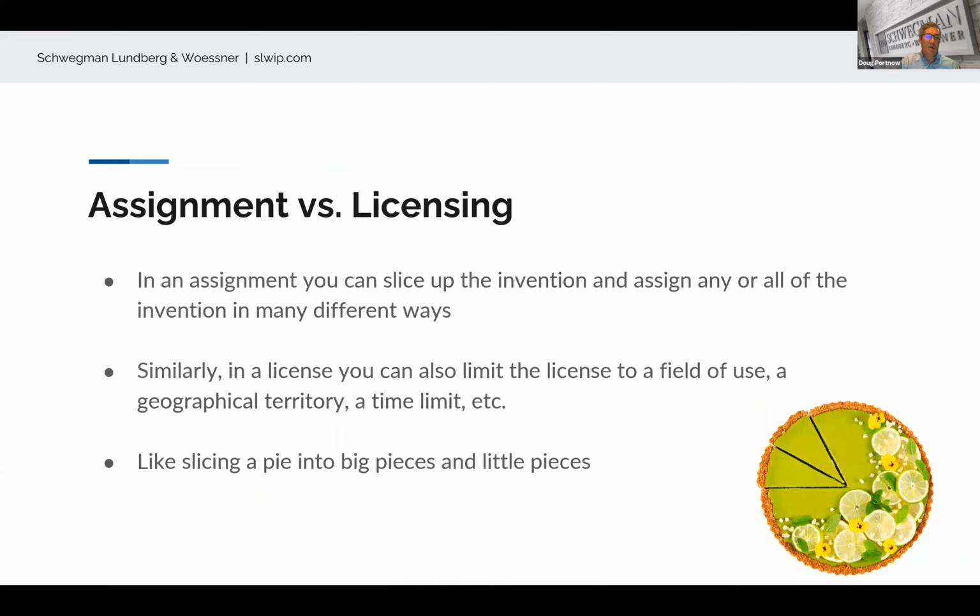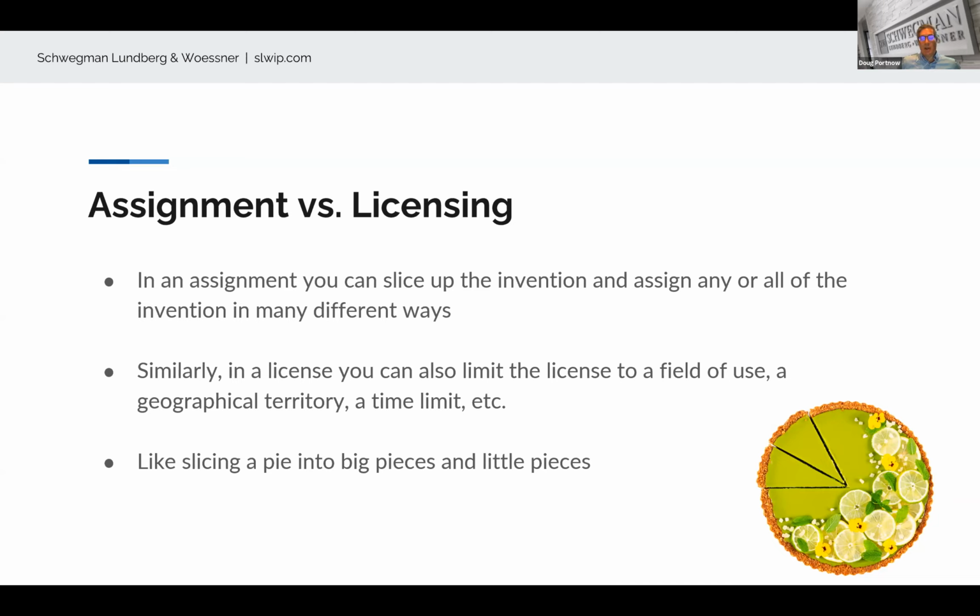And then if we go to the next slide, some more comments about assignment versus licensing. In both assignments and licensing, you can define what aspects of the invention you want to assign or license. The analogy I like to use is a pie. I'm not sure I would actually eat this pie because it's a very unappetizing green color. Unless it's a key lime pie, then of course we will eat that because everybody likes key lime pie. But you can slice up the pie any way you want, into big slices, little slices.